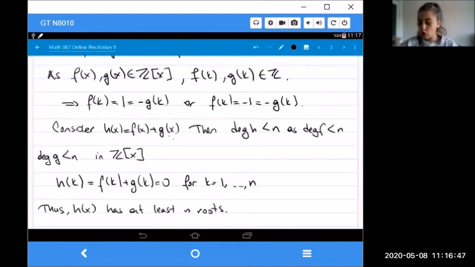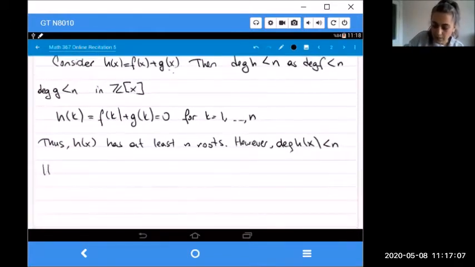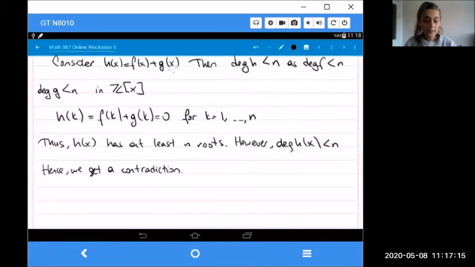Because the degree of h is strictly less than n, so it cannot have n distinct roots. Hence we get a contradiction.